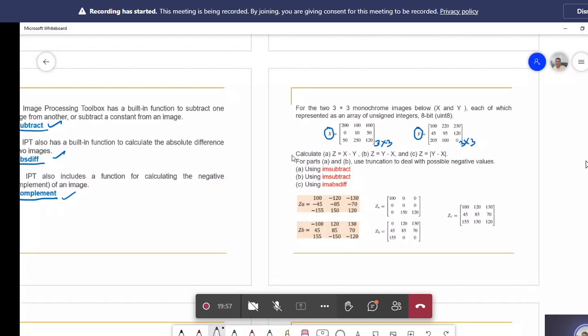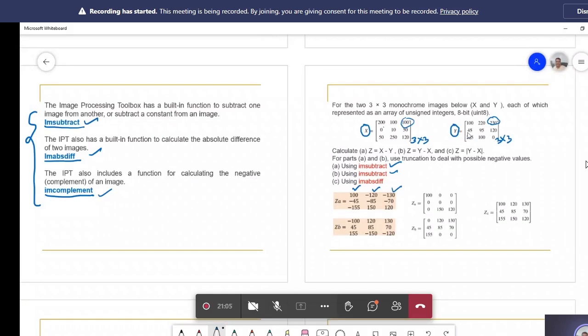Similarly, this 100 minus 230, it is minus 130. Similarly, आप इसके 0 minus 45, minus 45, 10 minus 95, minus 95, 50 minus 120, it is minus 70, 50 minus 205, it is minus 155, 250 minus 100, it is 150, 120 minus 0, it is 120. Is that clear? Hello? Yes, sir.